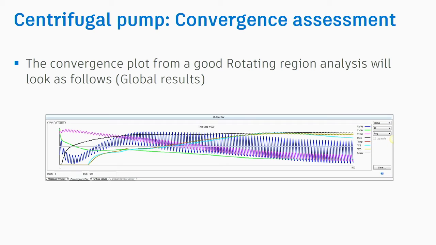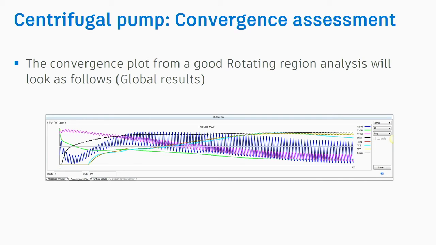But probably you're going to ask, but how can I assess convergence in this case? Simply by following the pressure. As you can see, as the simulation progresses and it reaches convergence, the pressure and velocity flatten out.